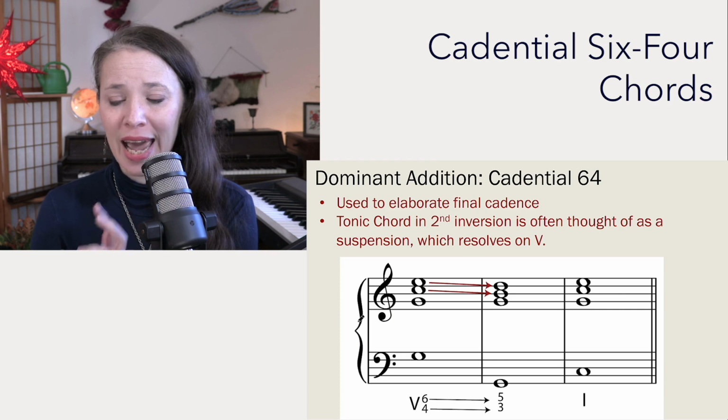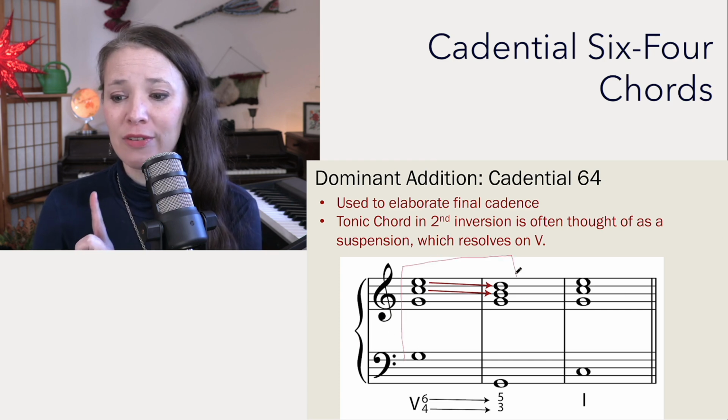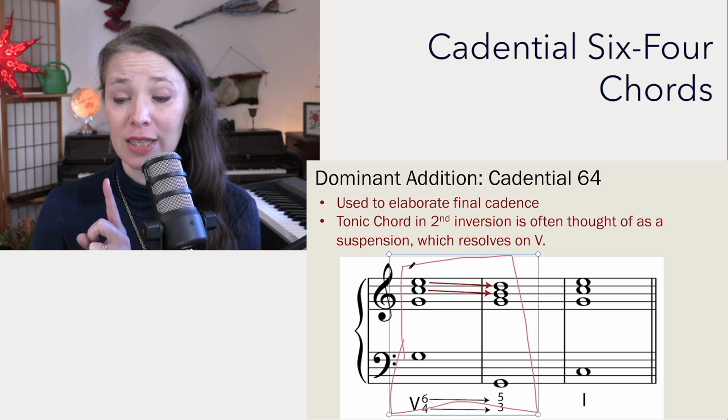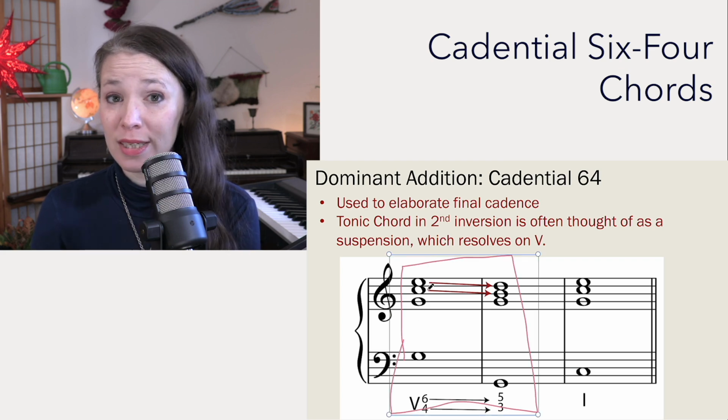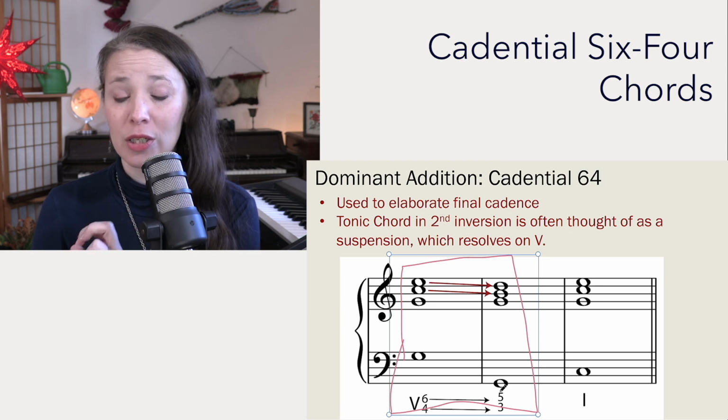So we treat this as a suspension over the 5. So this whole thing, even though on paper this looks like a 1/6/4 chord, we are going to write it as a 5/6/4 to a 5/3.